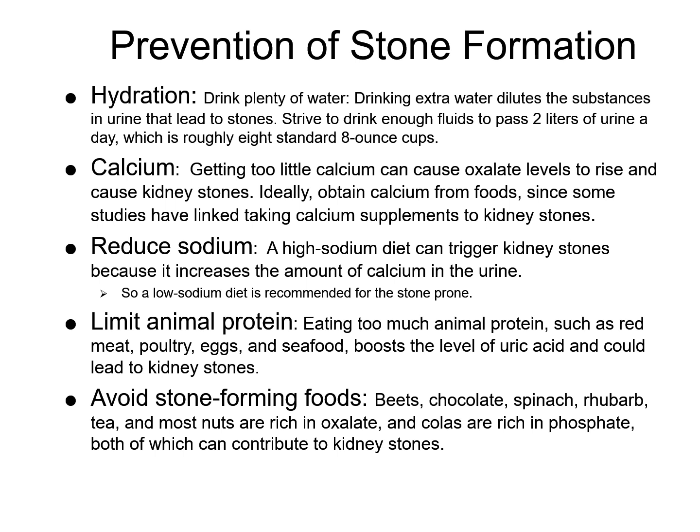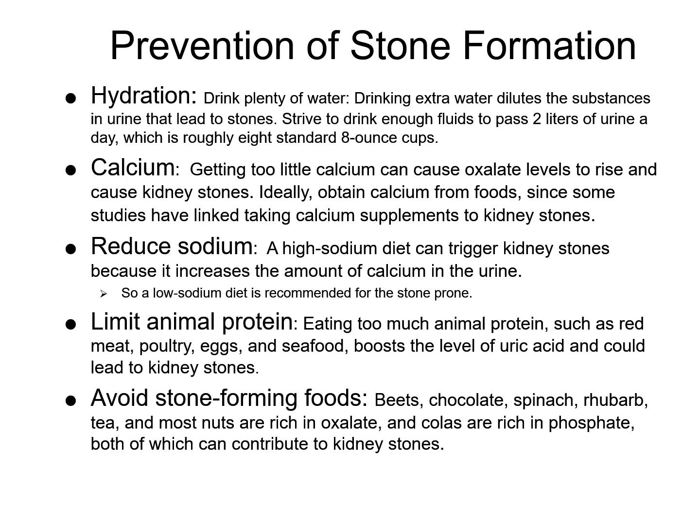Reduce sodium. A high sodium diet can trigger kidney stones because it increases the amount of calcium in the urine. So if somebody is prone to kidney stones, you're going to suggest a low sodium diet. Limit animal protein. Eating too much animal protein, such as on a keto diet, can boost the level of uric acid and can lead to uric acid kidney stones.